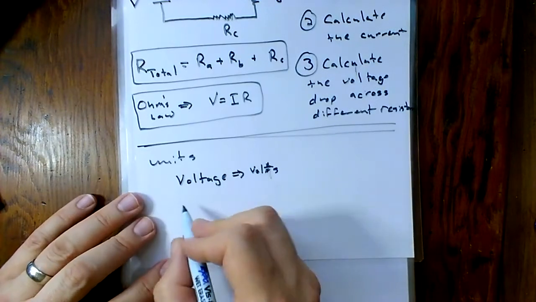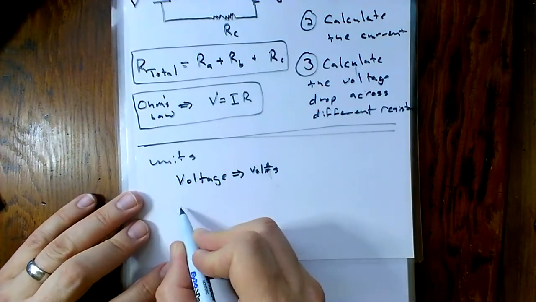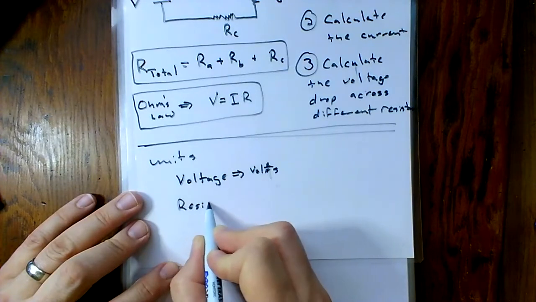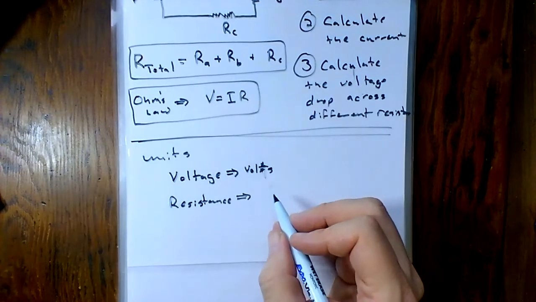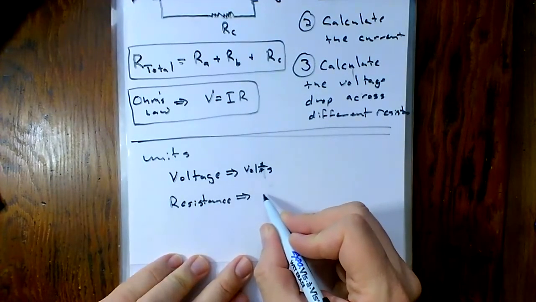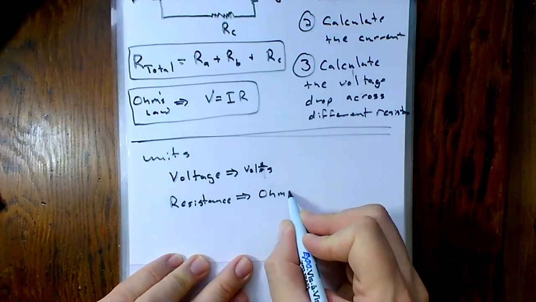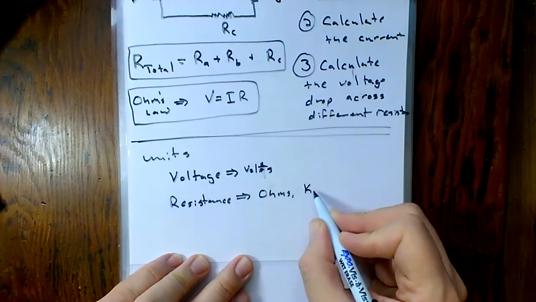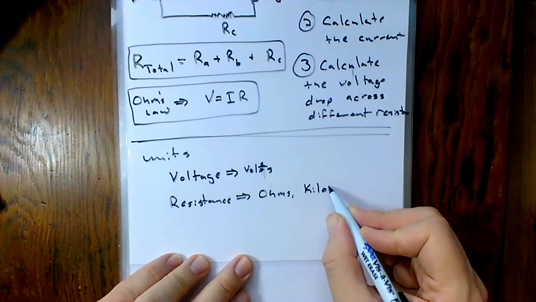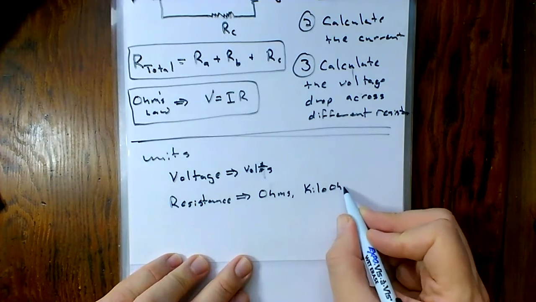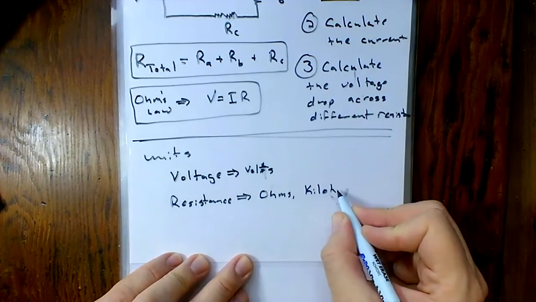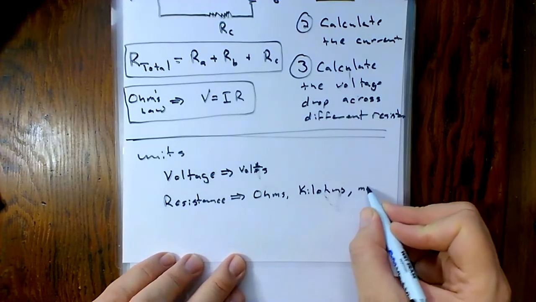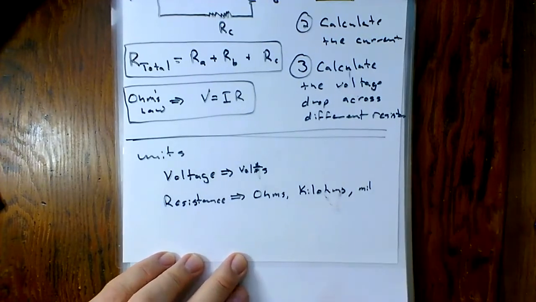But we're going to see a couple things with our resistances. With resistances, you could see things like ohms, kiloohms, or milliohms.